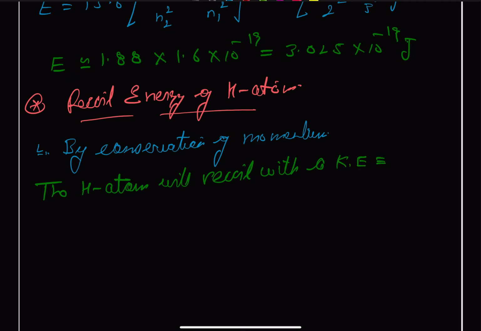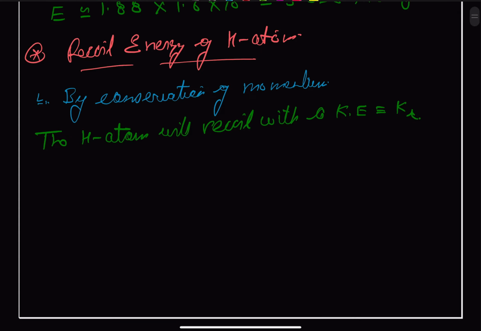Let us suppose we denote that kinetic energy as Kr, and because of this distribution of energy, the energy available to the photon will reduce.